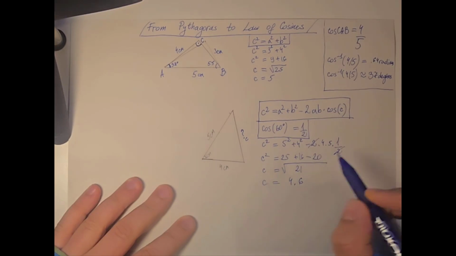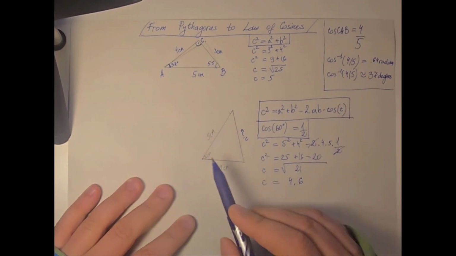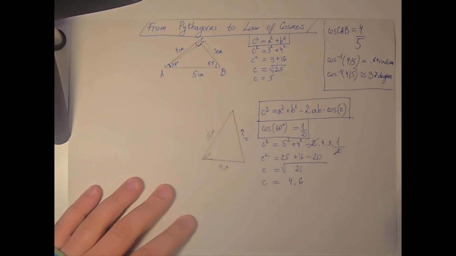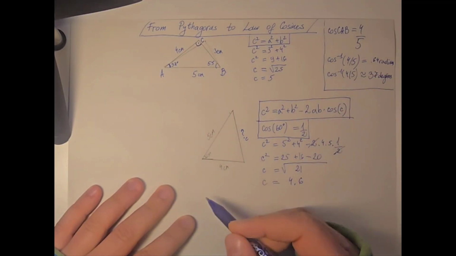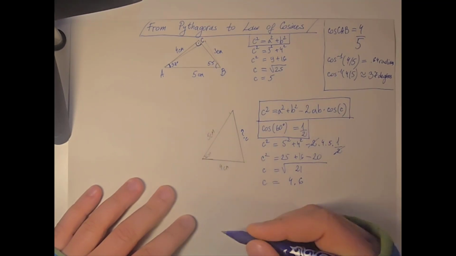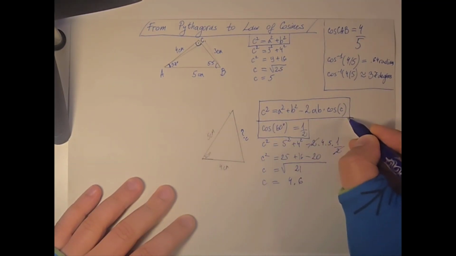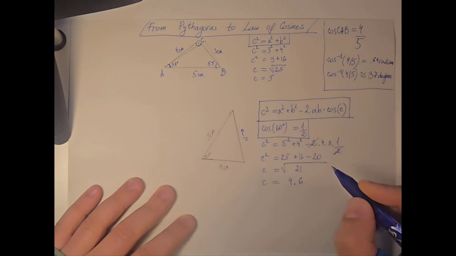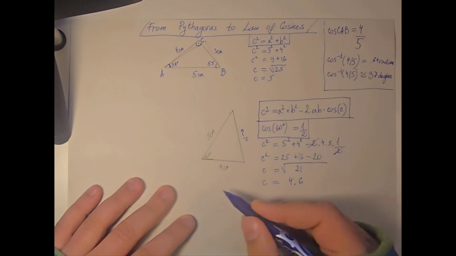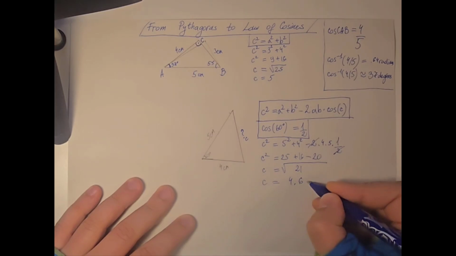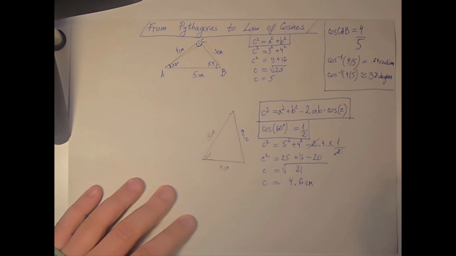But when we have another angle, doesn't matter which one, with the cosinus of all the angles in the world from 0 to 180 degrees, then we can use this fancier formula here, and calculate it, as in our case 4.6 centimeters.